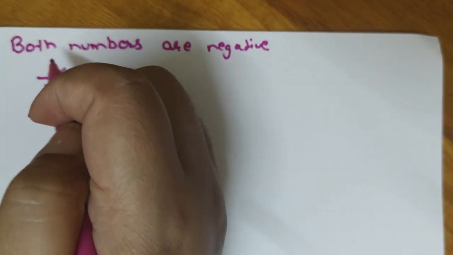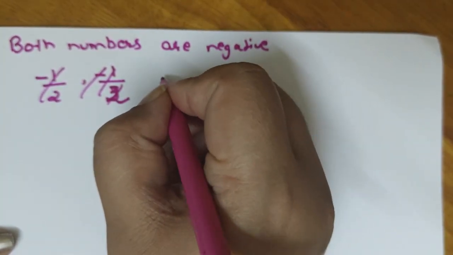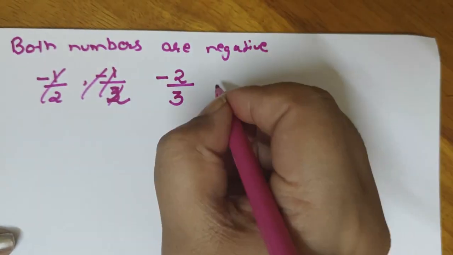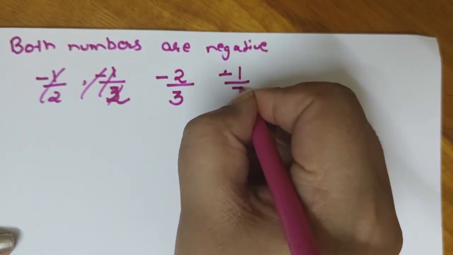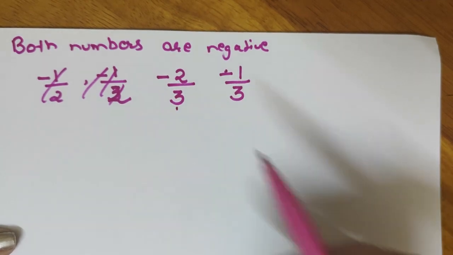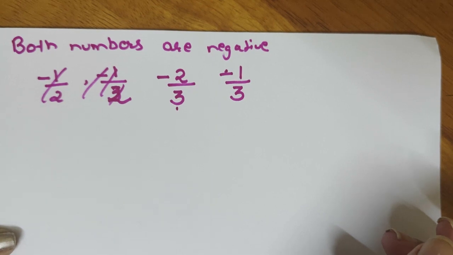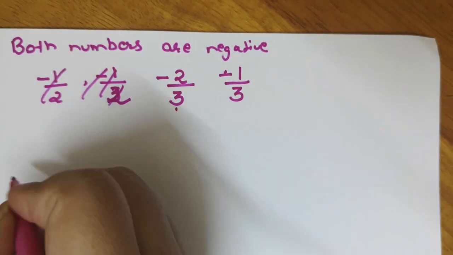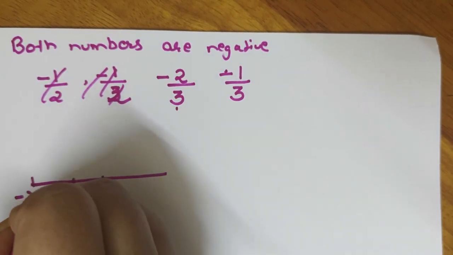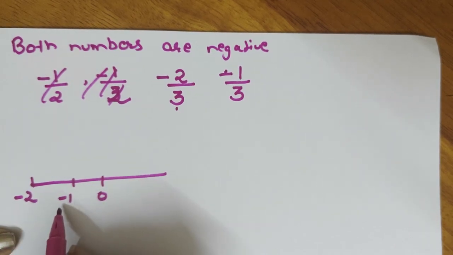And what will happen if both numbers are negative? So let's take an example. I have a number, say, -2 by 3 and -1 by 3. The denominator for both the numbers is the same and both are negative numbers. Now in the negative, we know on the number line that -2 is less than -1, correct?